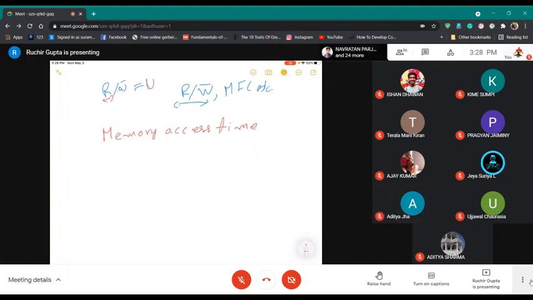No. The time from the read signal, if it's a read operation, to MFC. This time is considered as memory access time, right?